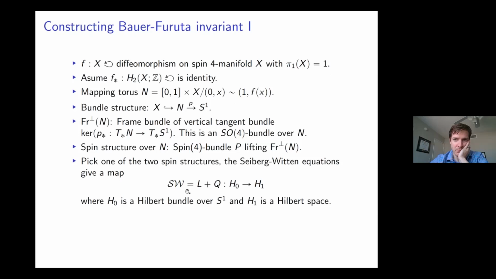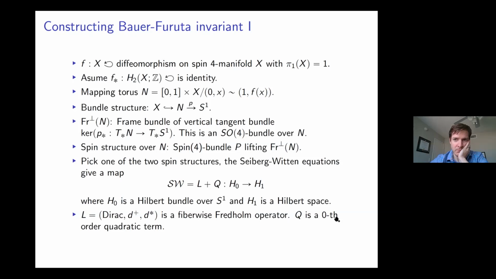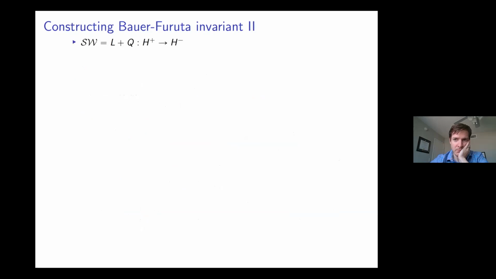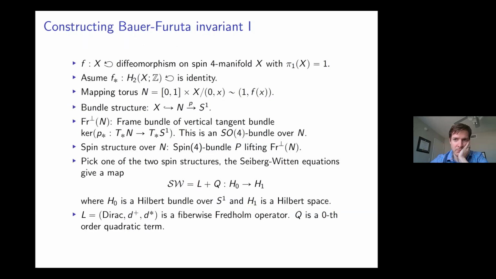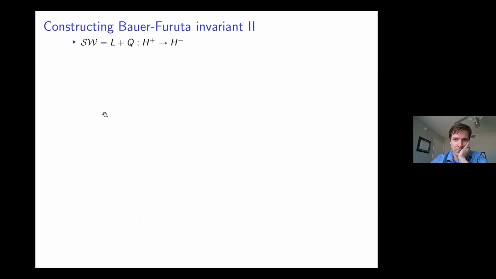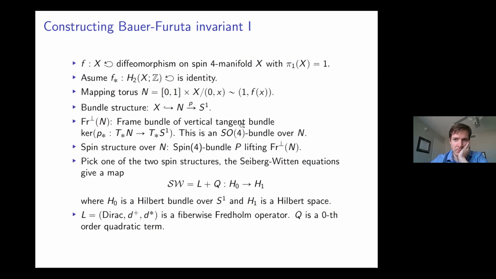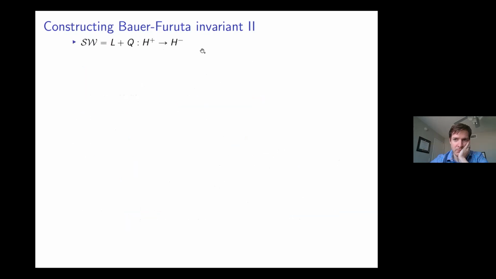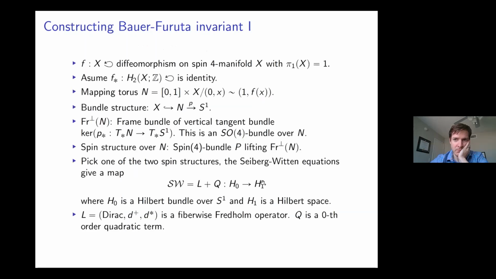This Seiberg-Witten map can be decomposed into two parts: the linear part, which is a fiberwise Fredholm operator, and the nonlinear part, which is some zeroth order quadratic map. I'm sorry, I'm switching the notation. It should really be H⁰ and H¹. Anyway, H⁺ here means H⁰, a Hilbert bundle, and H⁻ here is H¹, a Hilbert space.